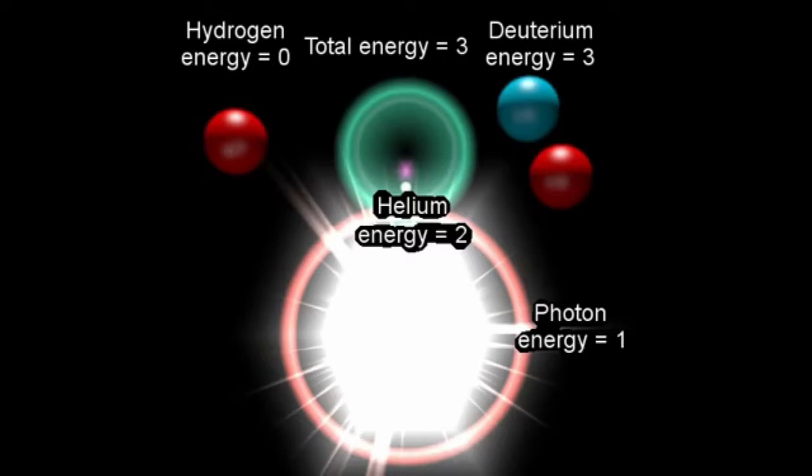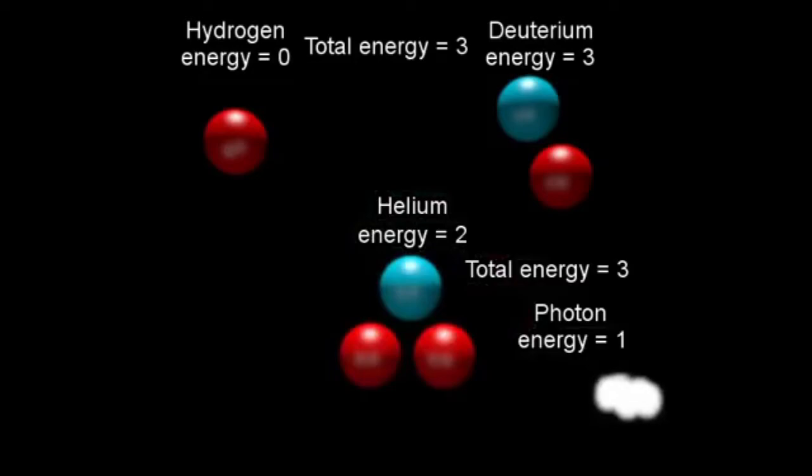A photon is an electromagnetic wave that has energy and expands outward as a large sphere-shaped wave, carrying away our missing energy of quantity 1. So the total energy is still 3: 2 to hold the new helium atom together, and 1 carried away elsewhere by the photon. But only a small portion of that wave and energy will hit our solar panel on Earth, so we'll illustrate that small portion as this fuzzy wave particle thing.